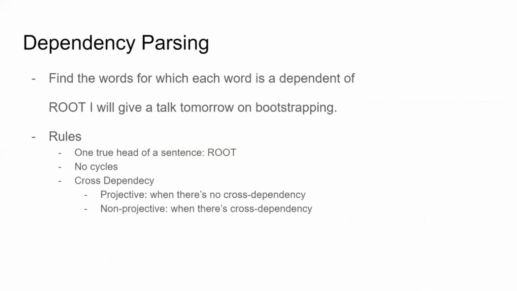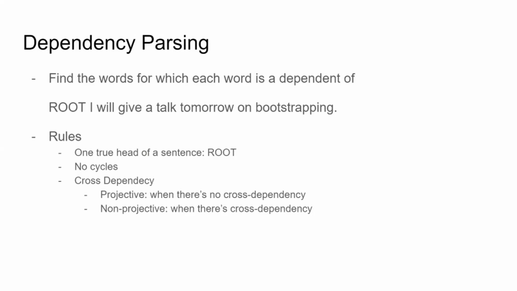So there are a few principles, like Daniel said, that we want to obey when we're trying to figure out the dependency structure of sentences. The goal is to find the word that each word is a dependent of, so you want to find a home for each word. If a word doesn't have other words to depend on, then it's the root.